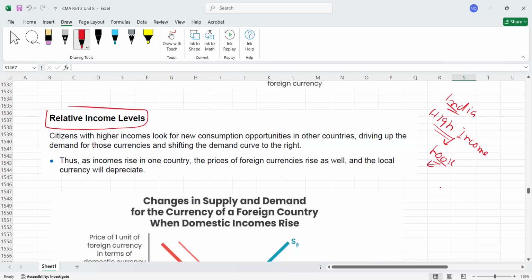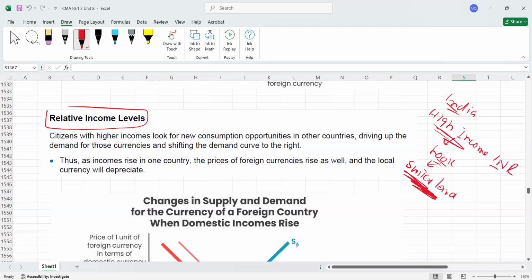For example, maybe you are going to Switzerland. Let's assume all Indian people visit Switzerland, because if their income is good, they will visit other countries. Now in India, what will happen? Think this way, please. Because you want to visit Switzerland, you obviously need Swiss currency, but you have Indian rupees.